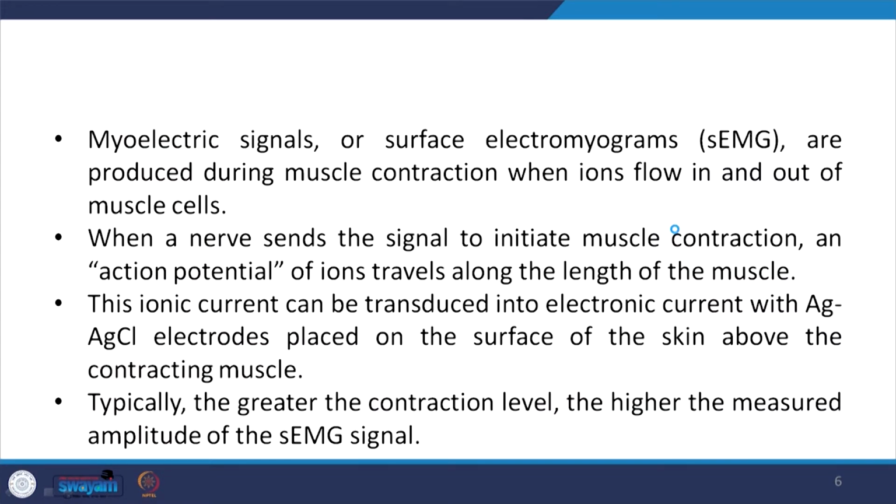Then you see these myoelectric signals or surface electromyograms, SEMG as we call it in short, are produced during muscle contraction when ions flow in and out of the muscle cell. Okay.